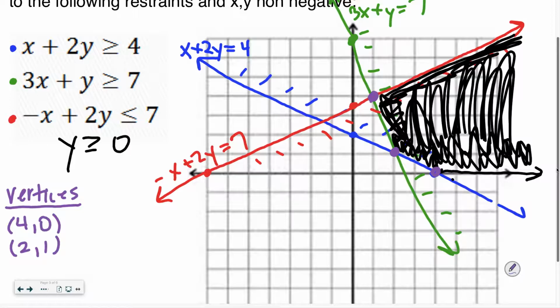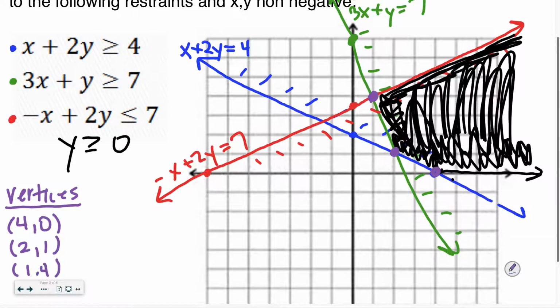I feel like we did a pretty nice job graphing these two lines also. What does this coordinate look like? It looks like 1, 4. I have no problem with you using the graph as long as you check it. 1, 4 is 3 times 1 plus 4 equal to 7. Yes. Okay, is negative 1 plus 2 times 4 equal to 7? Yes. Okay, so 1, 4 is that intersection.